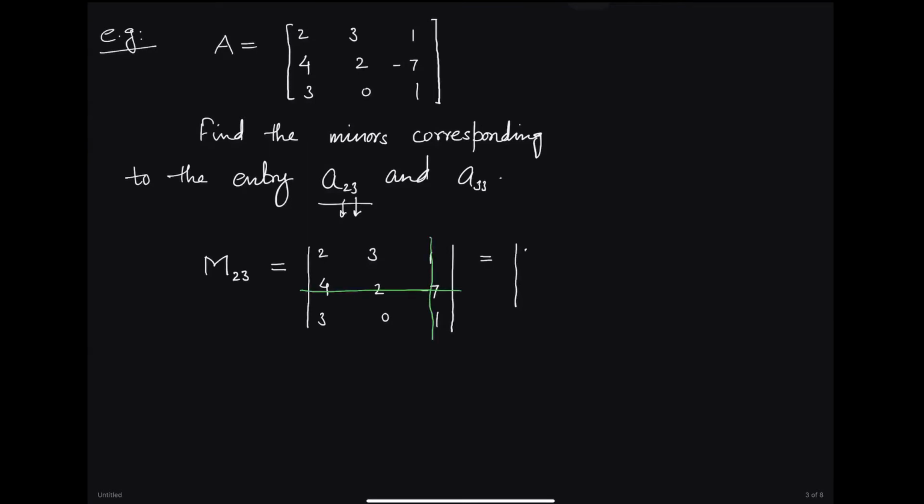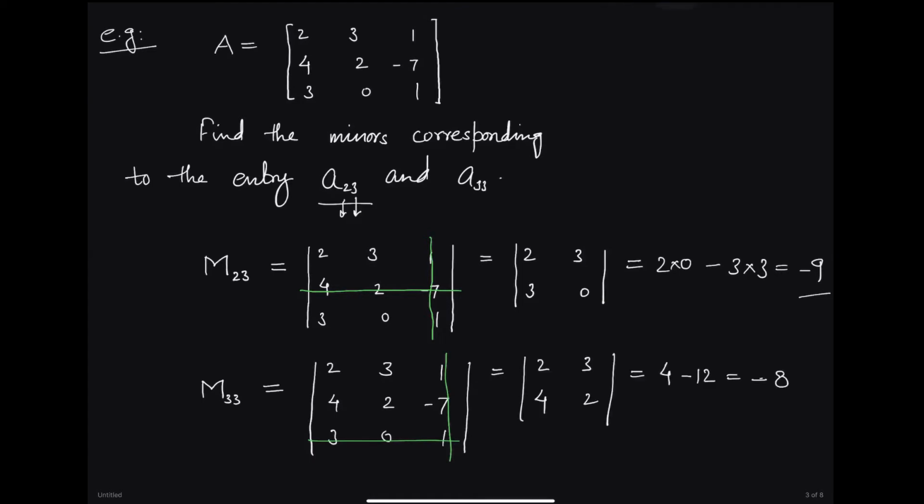Now the remaining matrix is a 2 by 2 matrix, and we can find the determinant, ad minus bc. So 2 into 0 minus 3 into 3 means -9. So M23, the minor corresponding to the entry A23, is -9. Similarly, we can find the minor M33. So for each entry, we can find the minors of the matrix.